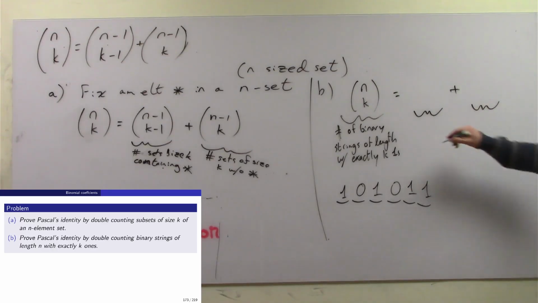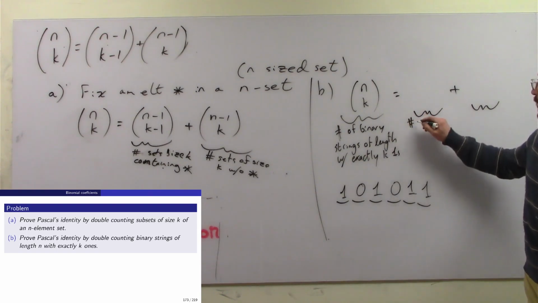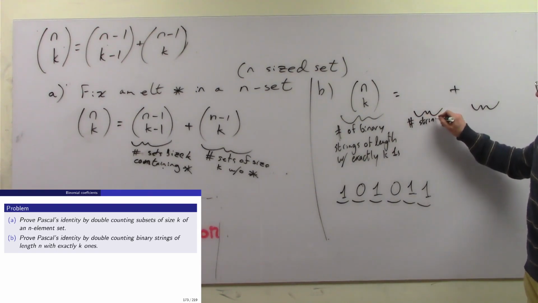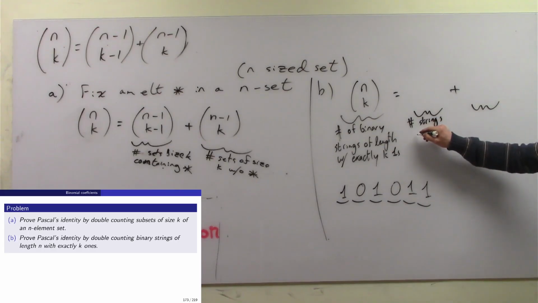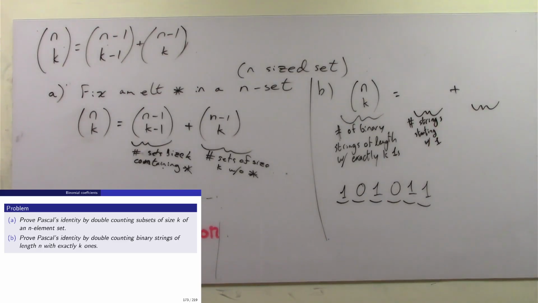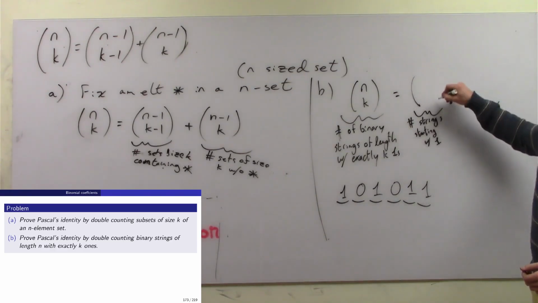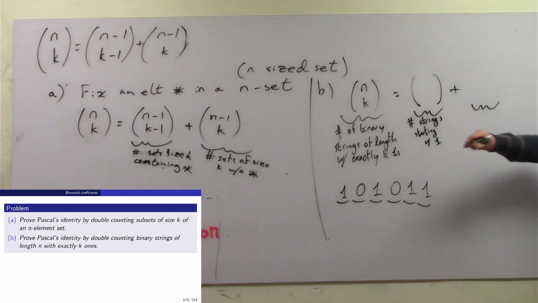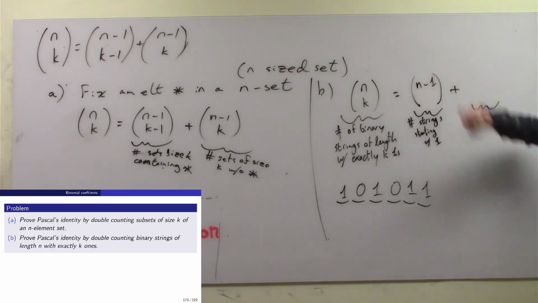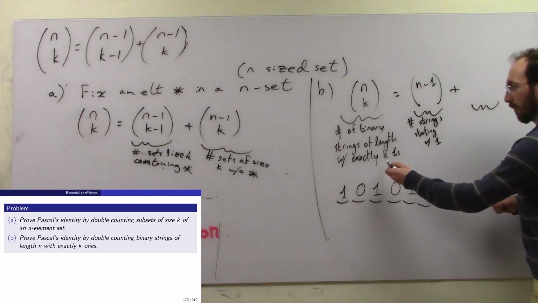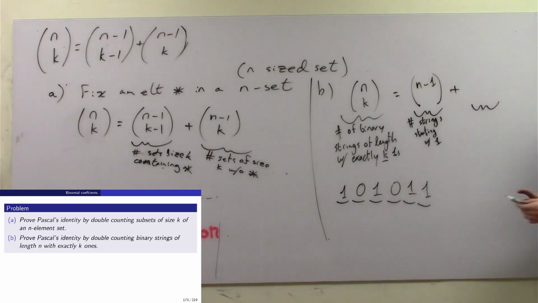Well, let's see. So we have the number of strings starting with 1. Okay, so we start with 1. We have exactly k ones, so what's going to happen here? Well, we've limited our pool to n minus 1 things, and we know we need exactly k ones.